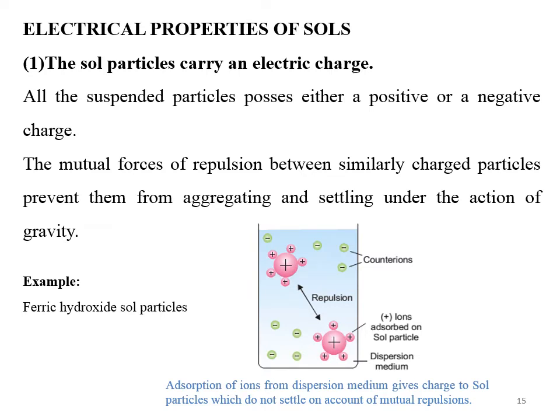Since the sol as a whole is neutral, the charge on the particle is counterbalanced by oppositely charged ions termed counter ions. In this case, these will be chloride ions furnished by the electrolyte in the medium. It means the colloidal particles are suspended in an electrolyte, and that electrolyte contains the counter ions for balancing the charge of the colloidal particles.